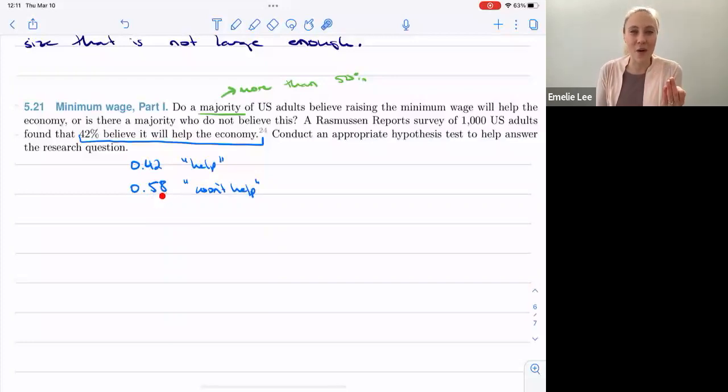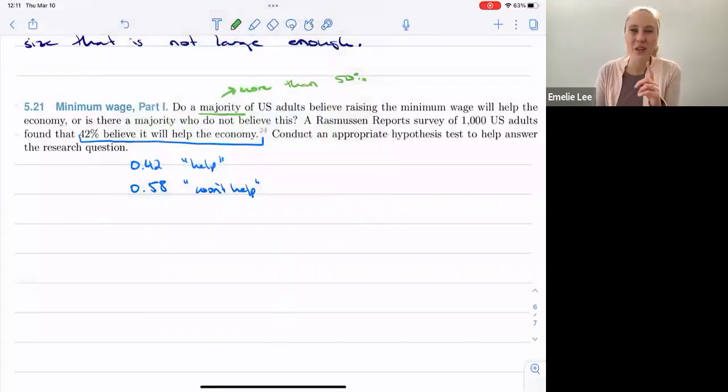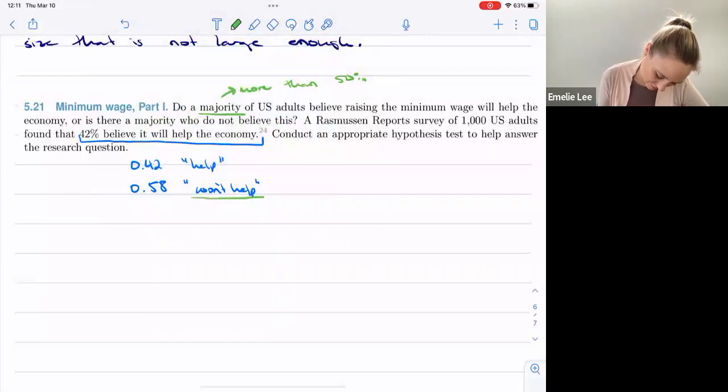And so now I'm going to formulate my hypothesis in terms of the won't help. This is a weirdly worded question, and that's why I wanted to go through it. I was just hoping I'd have more time to do it. So make this a success for this question.